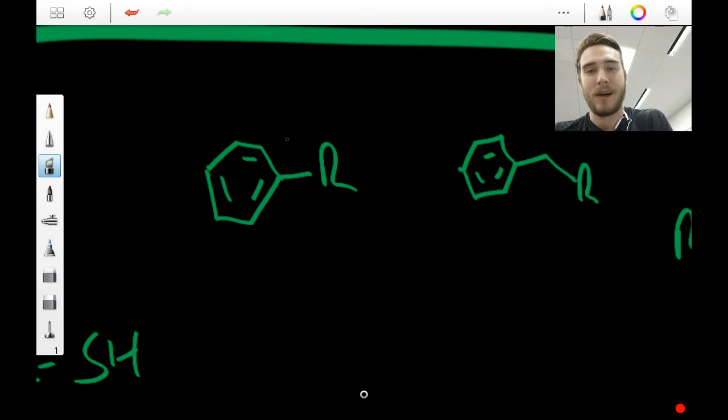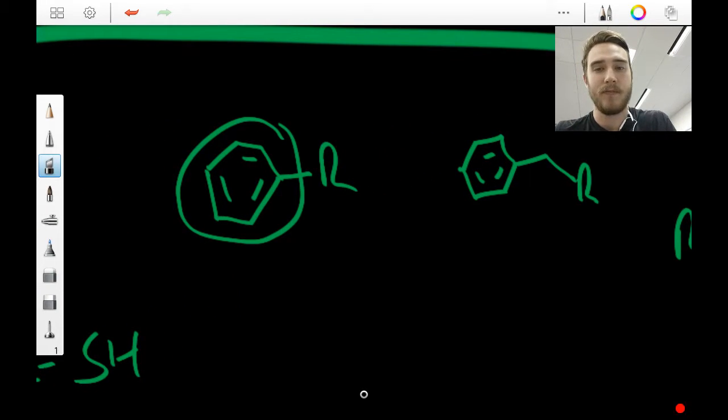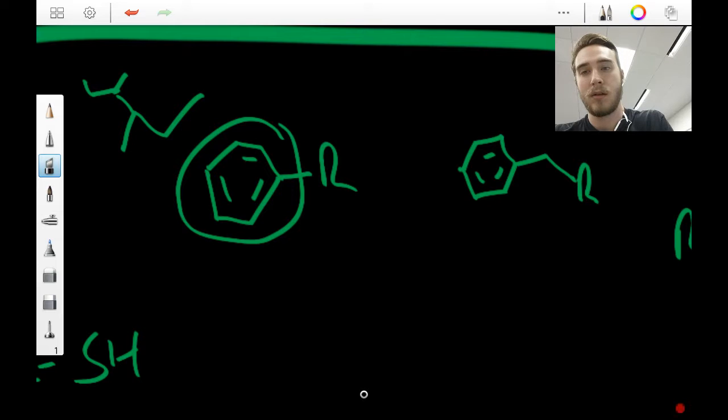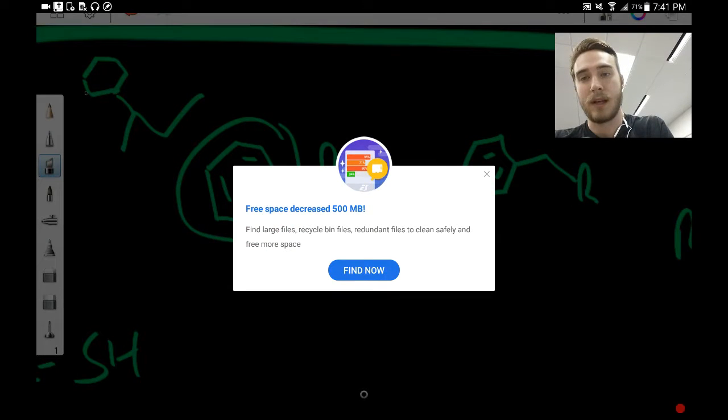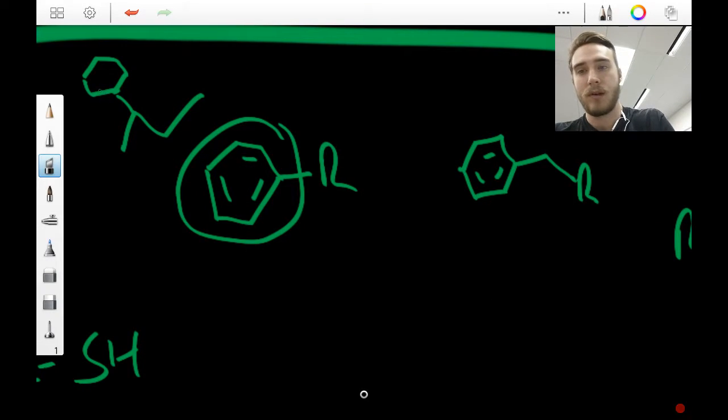You might identify this structure as benzene. You might know that already, but when it's considered a functional group, so let's say we had something like this butane molecule, and it had the benzene attached to it, something like that. We would call this group a phenyl. Okay.